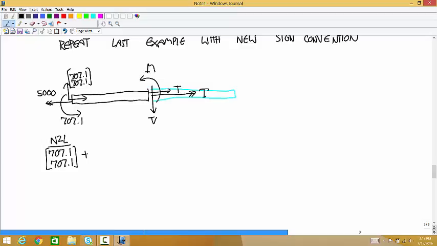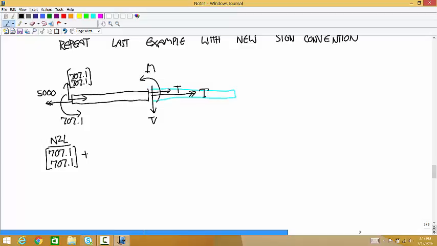So T is associated with an arrow in the positive x direction. Okay? So a unit vector in the positive x direction is 1, 0. Multiply T times 1, 0, and you get a vector T, 0.